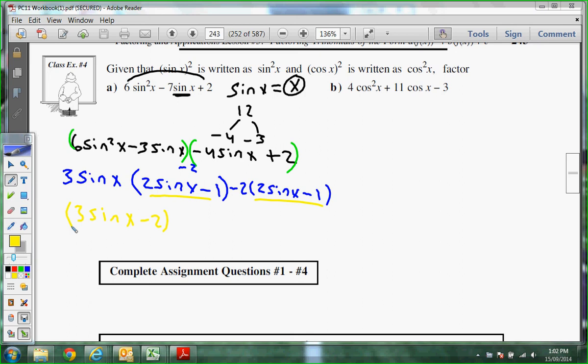Right here, why do I have this? Because there were 2 sine x's, and now there's 1.